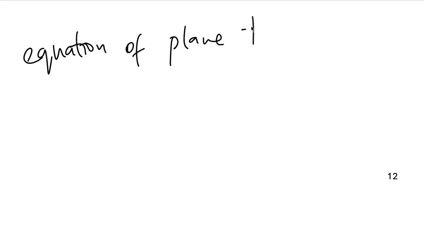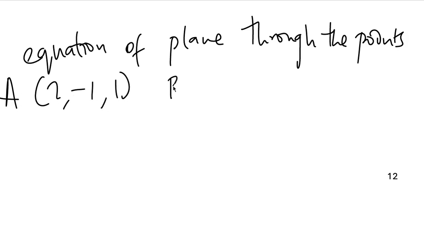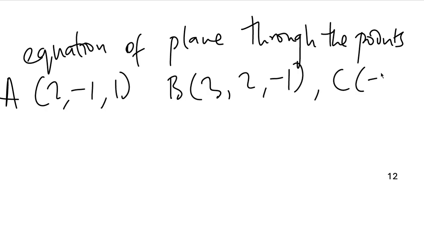So now let's take this question. Equation of plane through the points. We have A as (2, -1, 1), B as (3, 2, -1), and C as (-1, 3, 2). If we have these 3 points, just choose any point of your choice.